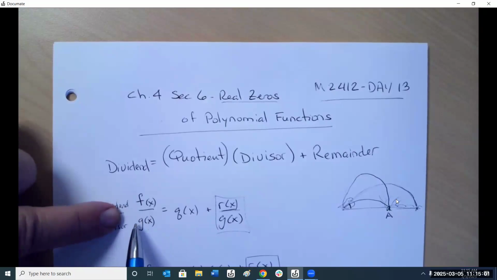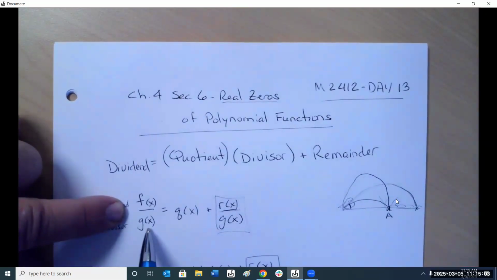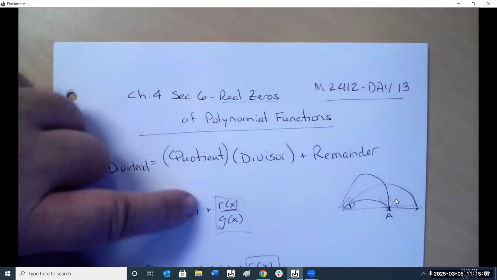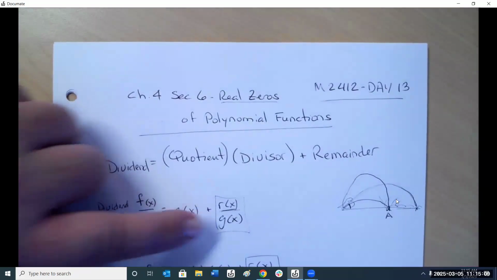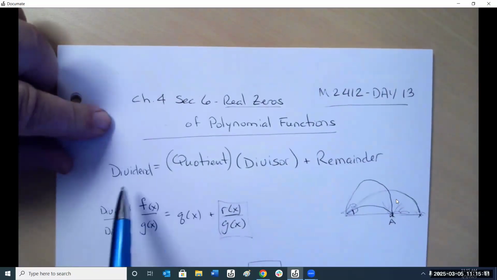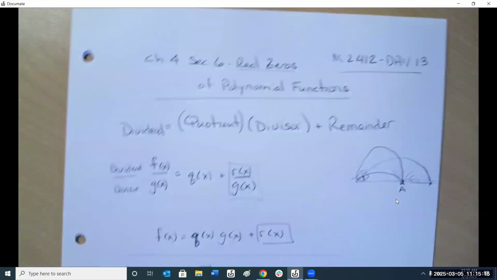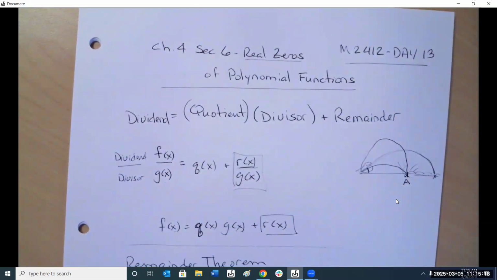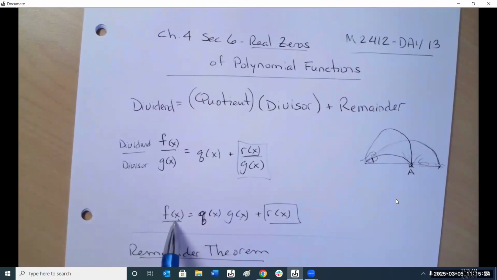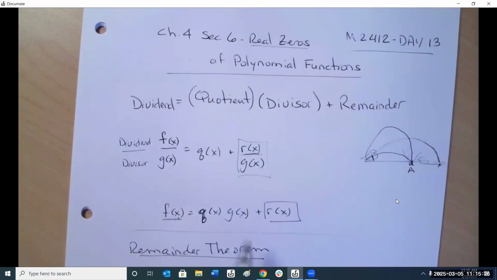If I multiply both sides of this equation by g of x, the g of x cancels here, q times g, and it cancels over here. So that's what we have left, and that's what we have written up here. Anytime you have a rational equation, when we solve them, we don't need to have a rational equation. This is not a rational equation. It can be written as a form of a rational equation.